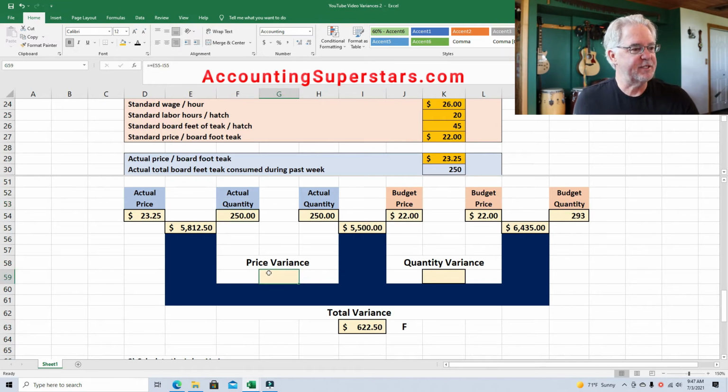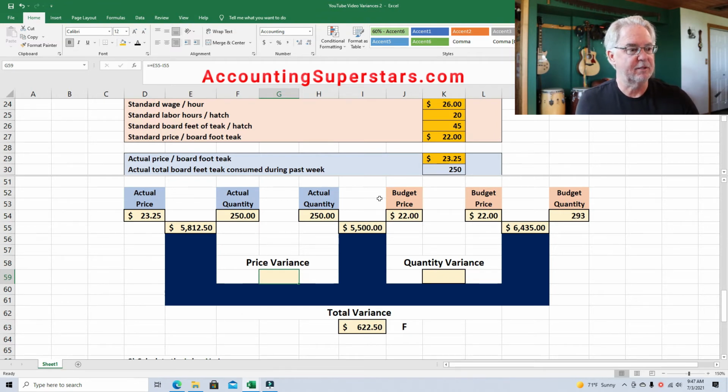All right, so the price variance works like this. Over here on the left-hand side in the blue, these are actual numbers. But in the middle here, we've got a budget number, right? So just consider it like this: the left-hand side is actual, and the middle part for now is budget, okay?